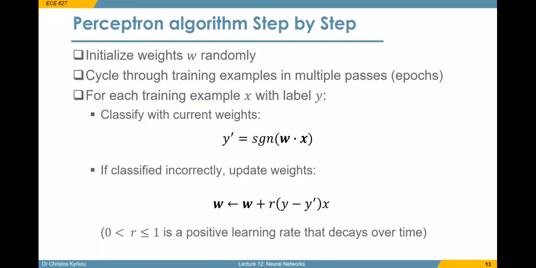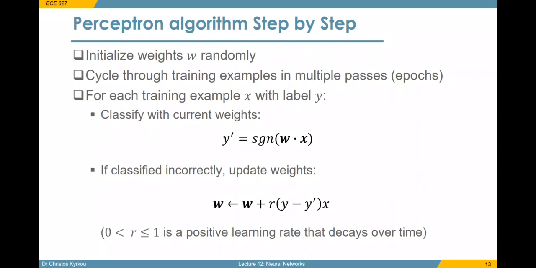So if we look at the process more thoroughly, step by step, first, we initialize the weights with some random value. Then we cycle through all the training samples. And for every sample, we get the classifier's response.